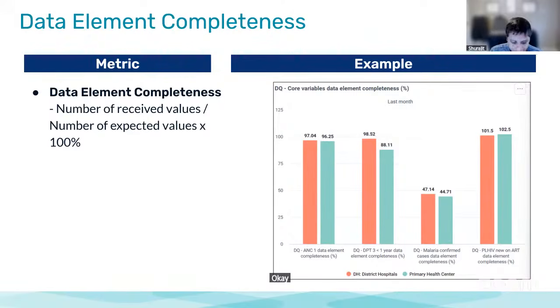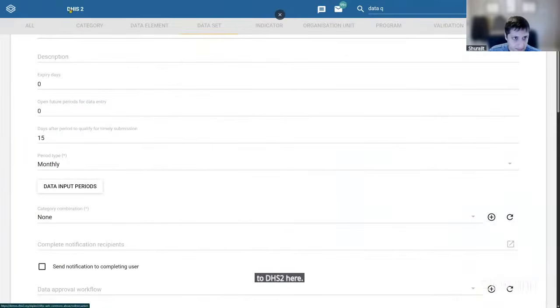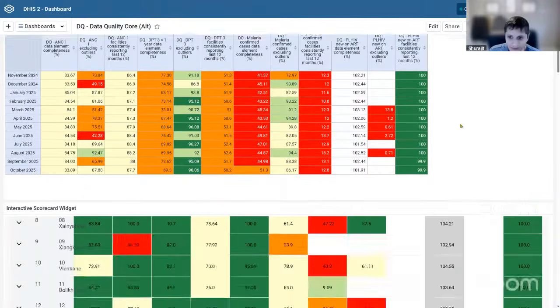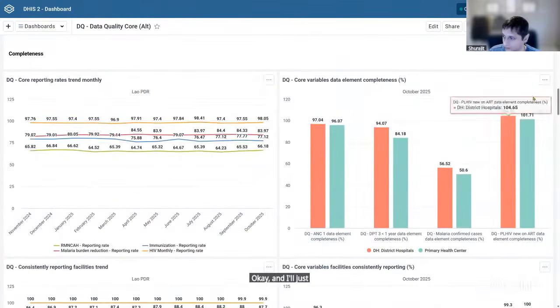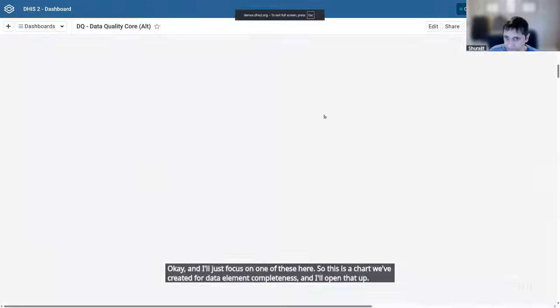Okay. So if I go back to DHIS2 here, I'll just focus on one of these. This is a chart we've created for data element completeness, and I'll open that up.